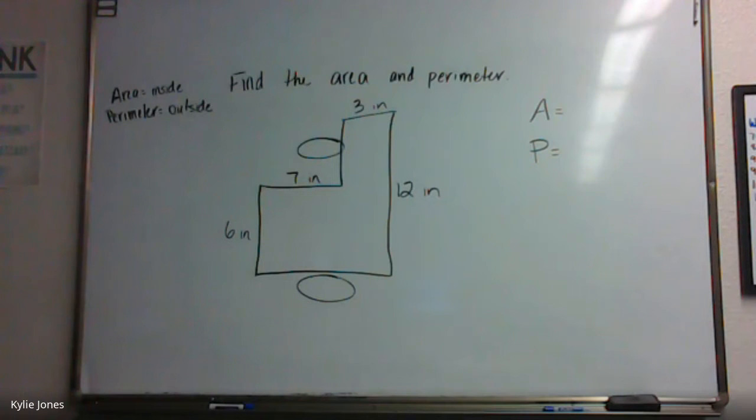Which one? Both of them. The perimeter, you need to add up all the measurements on the outside. And the area, you have to split it into two shapes. Oh, the missing ones? Yeah. You either need to add or subtract. So use the information on there to find the different measurements.